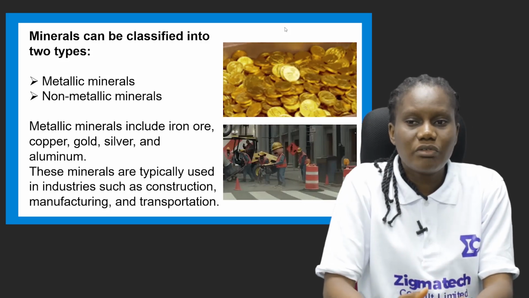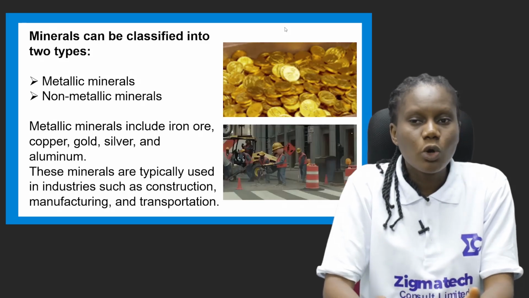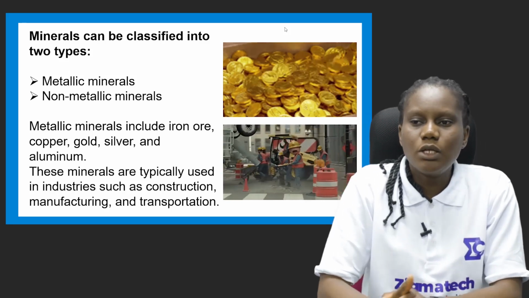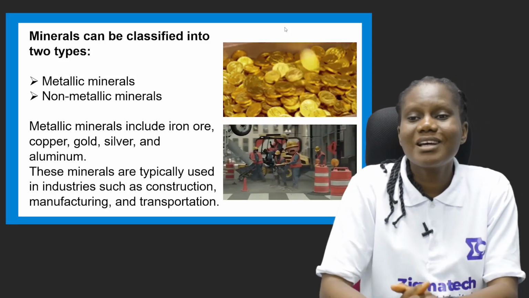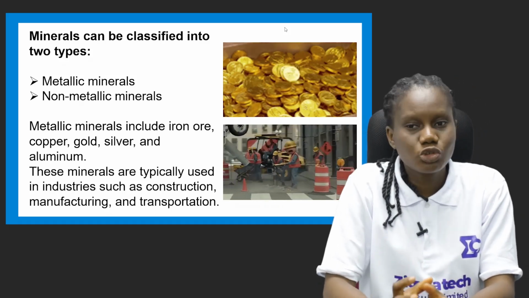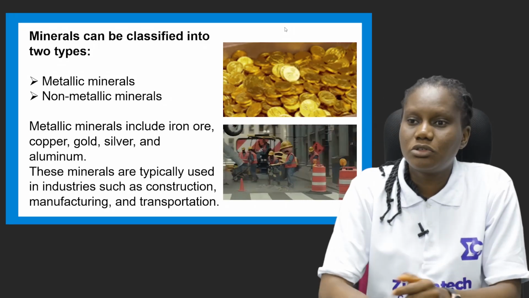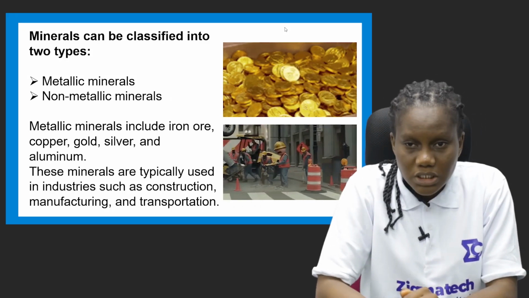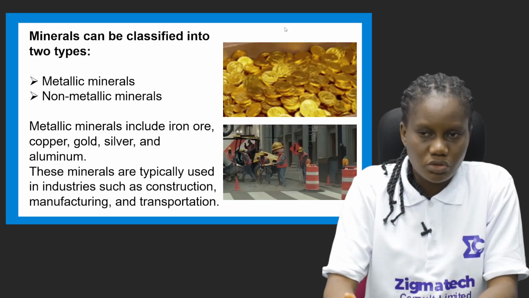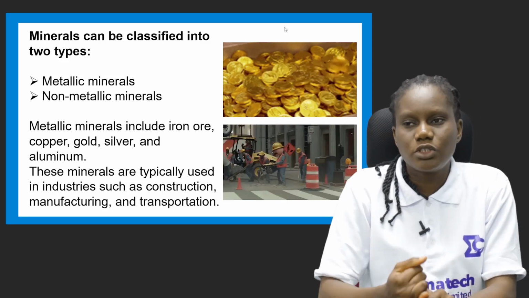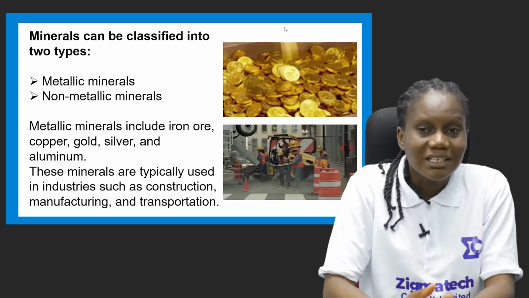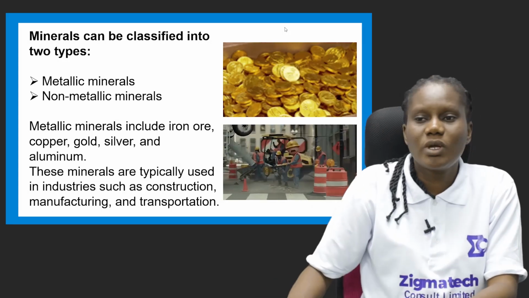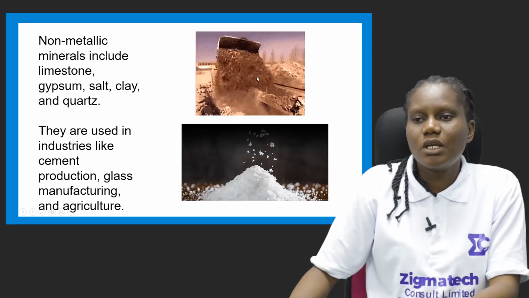So we have metallic minerals: iron ore, copper, gold, silver, and aluminium. These minerals are typically used in industries such as the construction industry, the manufacturing industry, and the transportation industry. That is where these ones find their usage.